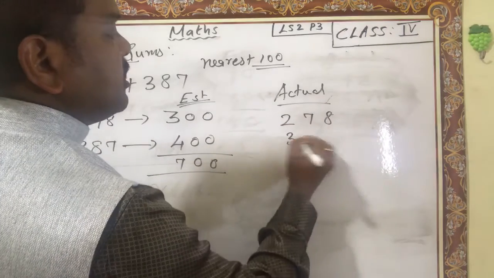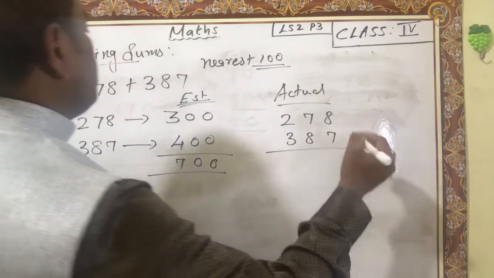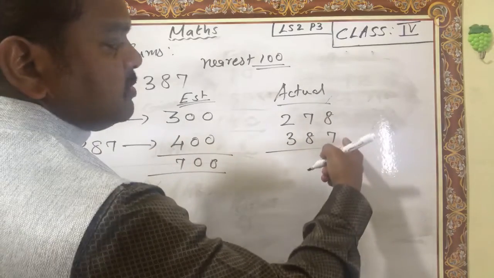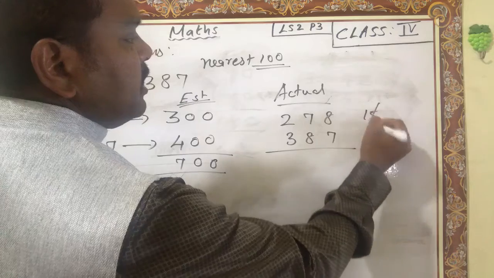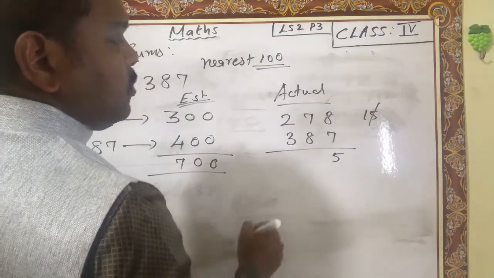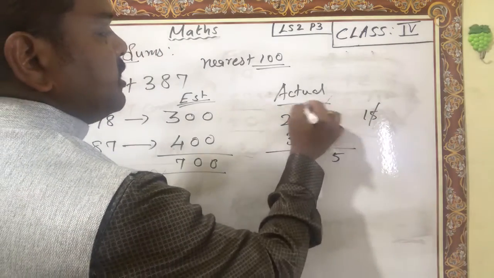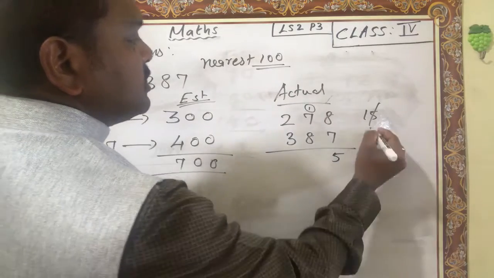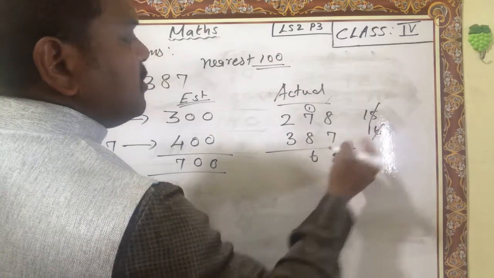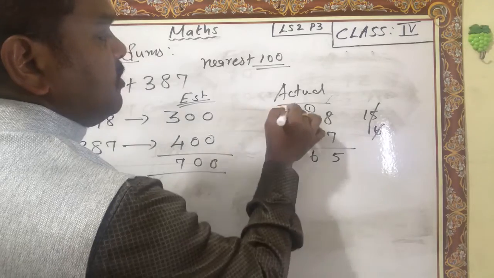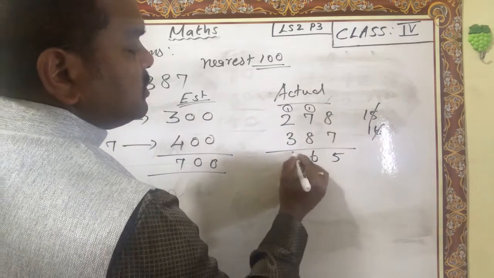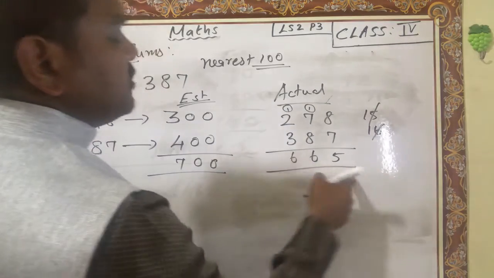Add 8 plus 7, 15. Cut 5. Balance 1. 7 plus 1, 8. 8 plus 8, 16. Cut 6. Balance 1. 2 plus 3, 5. 5 plus 1, 6. 665.